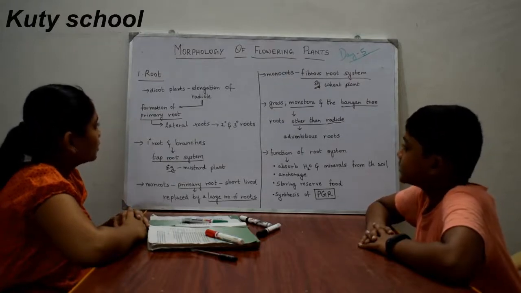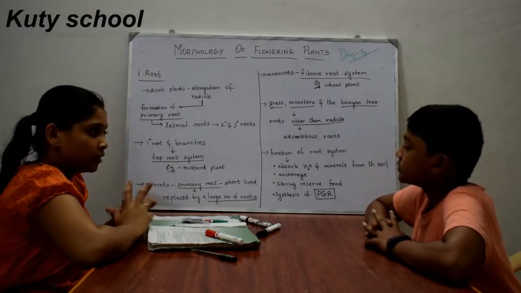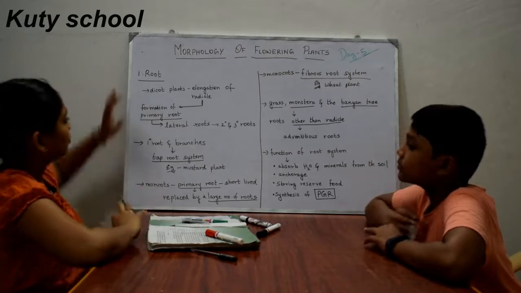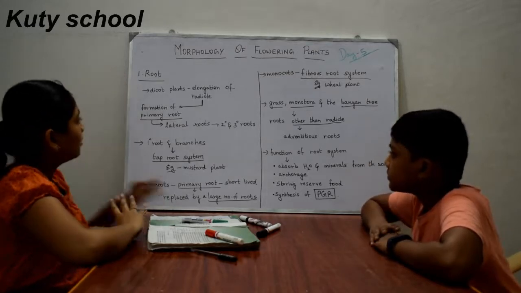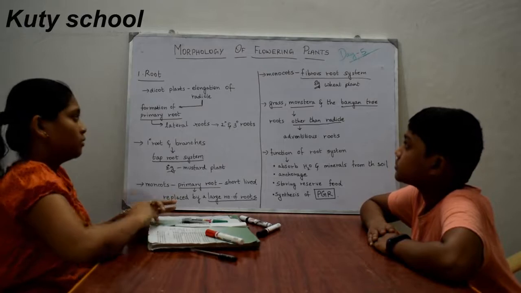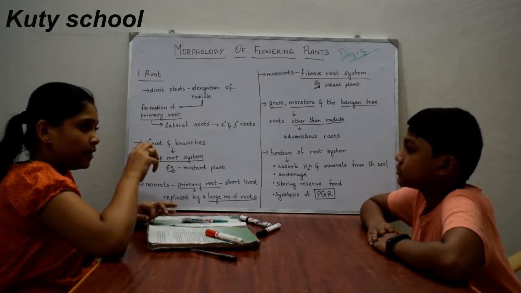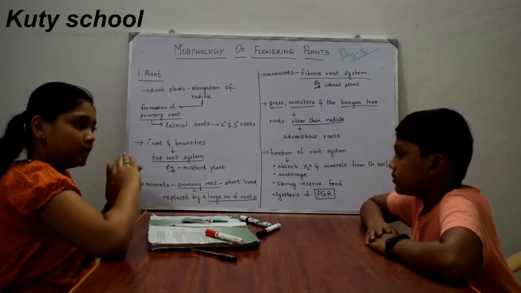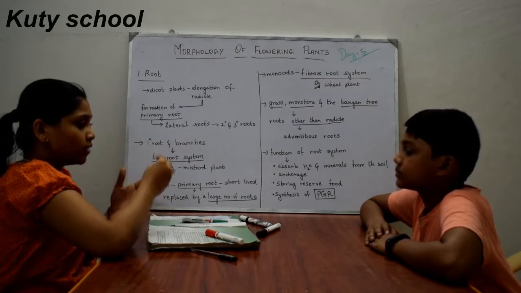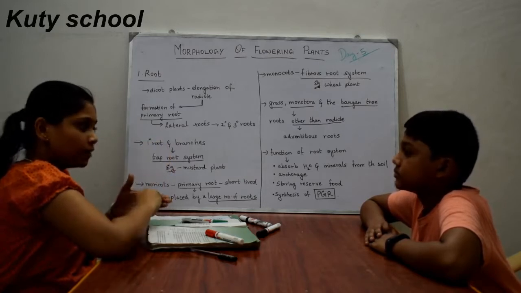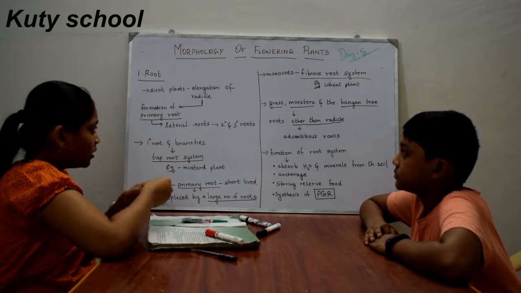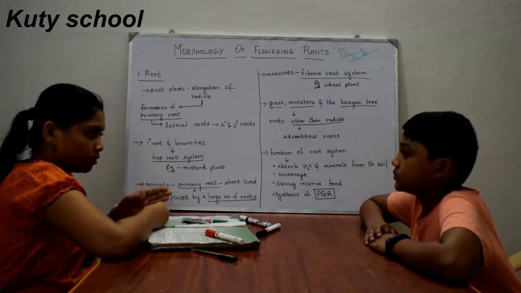Here we'll see how the root is arranged. In dicot plants there is a portion called radicle in the seed. When that seed is planted, the radicle develops into the primary root in dicot plants.